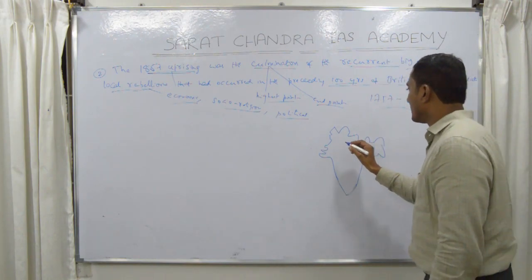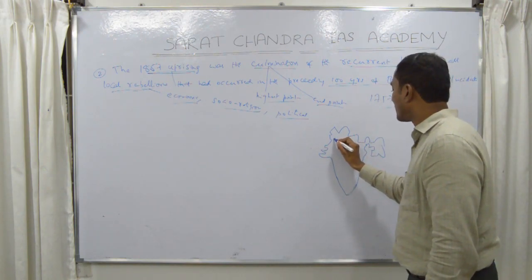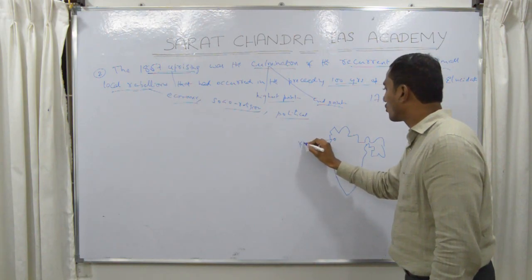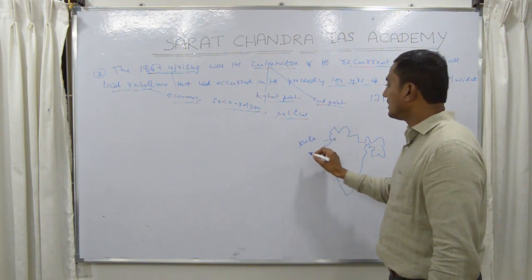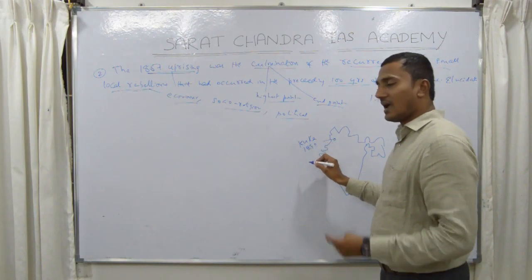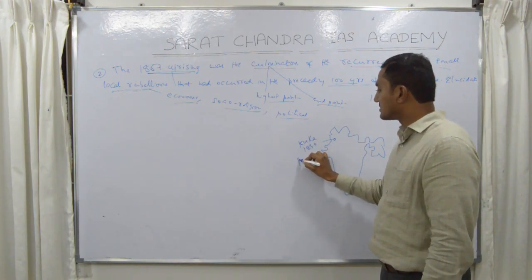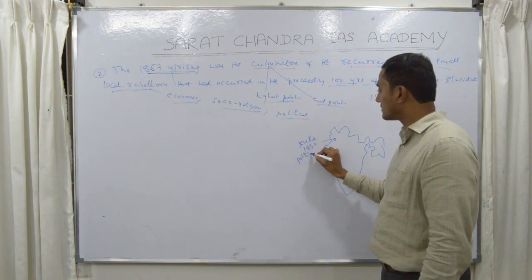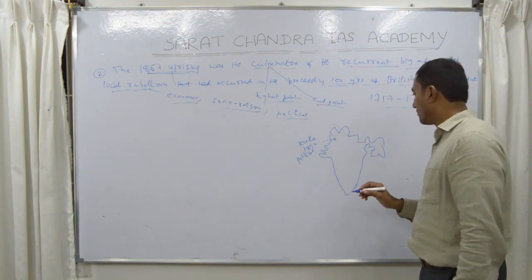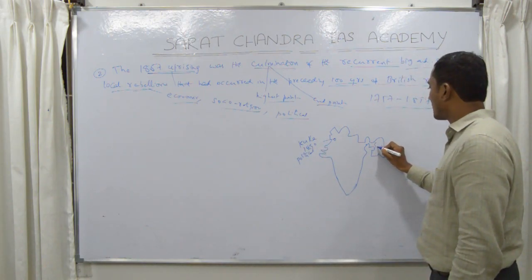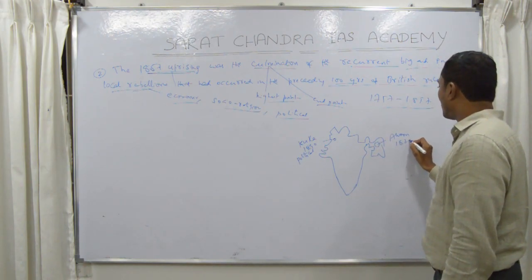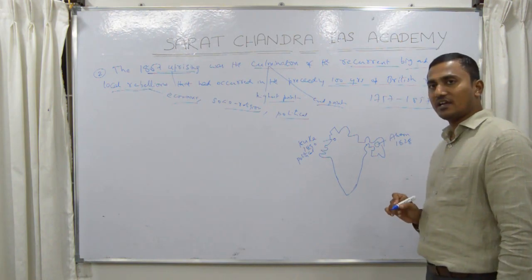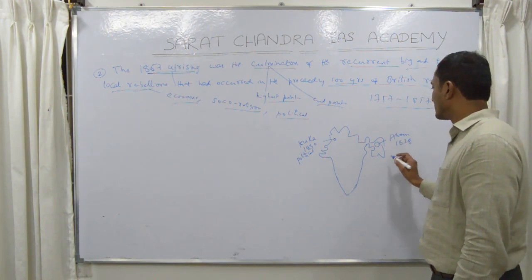For example, see, in the Punjab area you have the Kuka rebellion that occurred in around 1840, and it is because of political reasons. Similarly, the Ahom rebellion in Assam, present Assam, occurred in 1828. It is also because of political reasons.